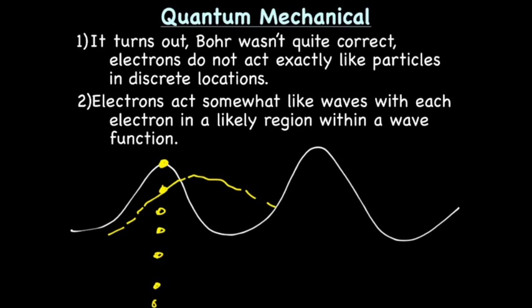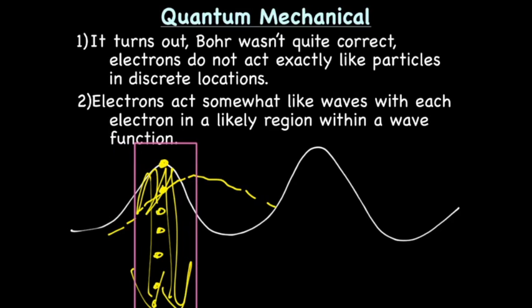So the particle moves up and down, okay, as the wave is going by. So electrons act sort of like that. Unlike it being in an exact location, this dot, at any one time, an electron would be somewhere along that wave function, at the peak, at the trough, or somewhere in between, okay?